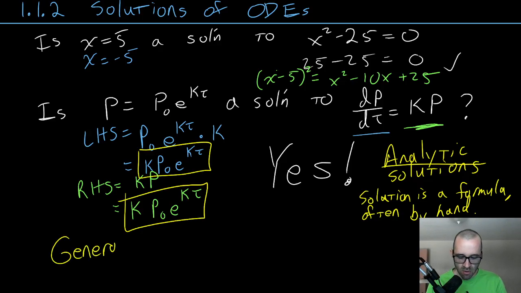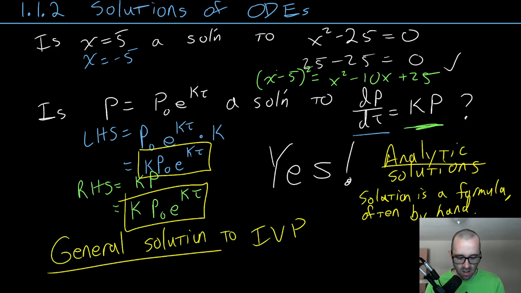All right, this is the general solution to the initial value problem. General solution, because it's really infinitely many solutions. I haven't told you what this P naught is yet. No matter what P naught is, no matter what our starting population is, this is going to be the solution for all of them.